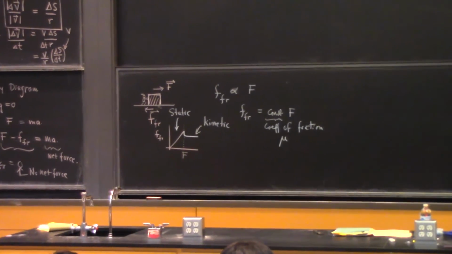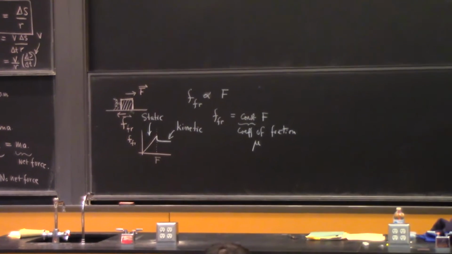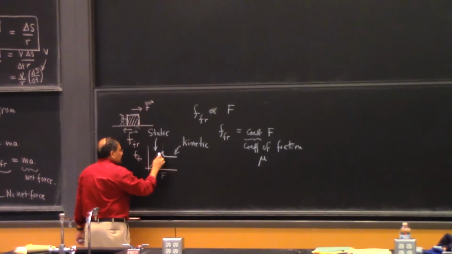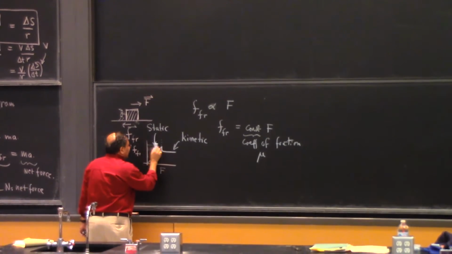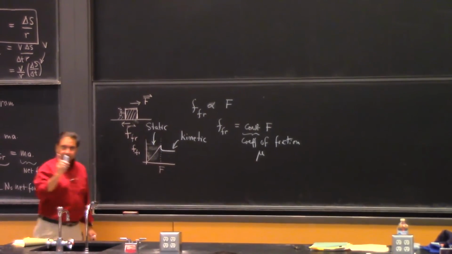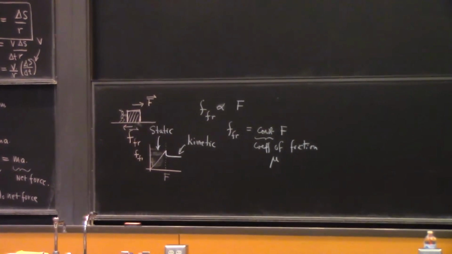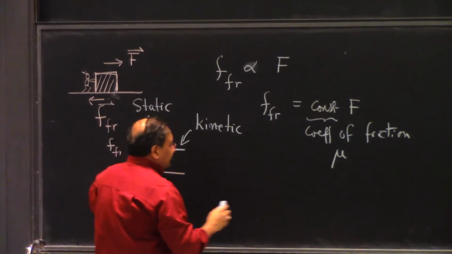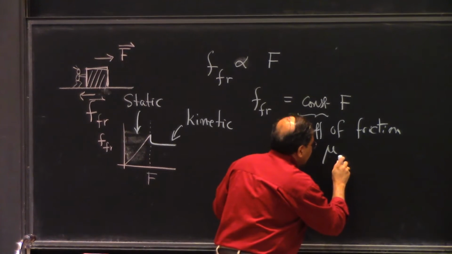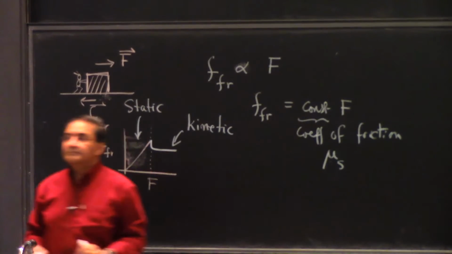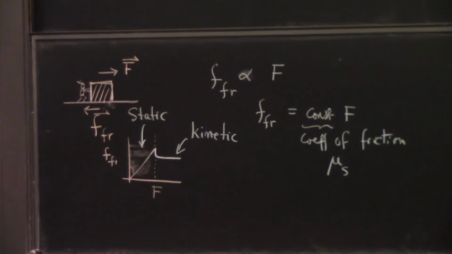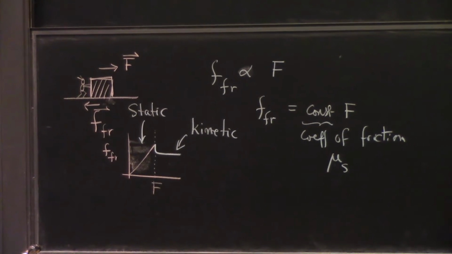And there are two kinds of mu. So up until this point in the static regime, you have static friction. On the other side, you have kinetic friction. So static friction is denoted by mu s. A lot of times you yourself have to determine if you're going to use static friction or kinetic friction.